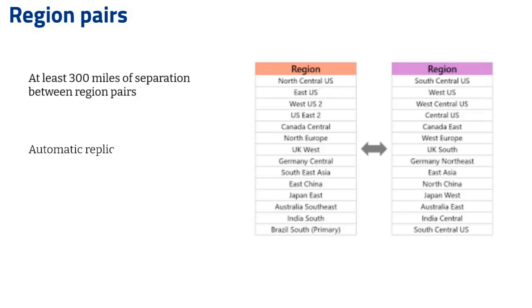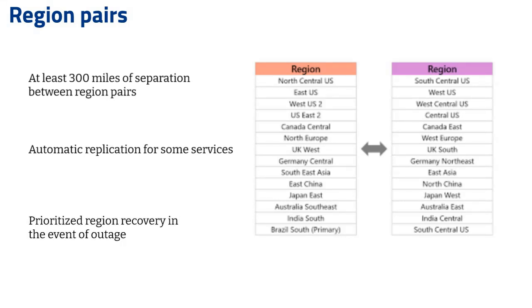This approach allows for the replication of resources across a geography that helps reduce the likelihood of interruption because of events such as natural disaster, civil unrest, power outages, or physical network outages that affect an entire region. For example, if a region in a pair was affected by a natural disaster, services will automatically fail over to the other region in its region pair.